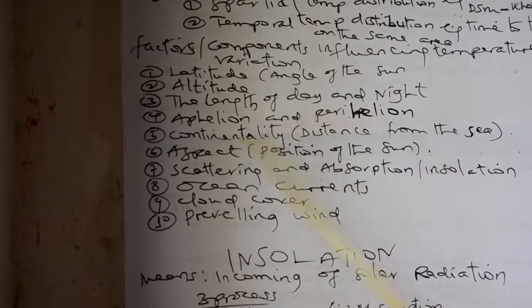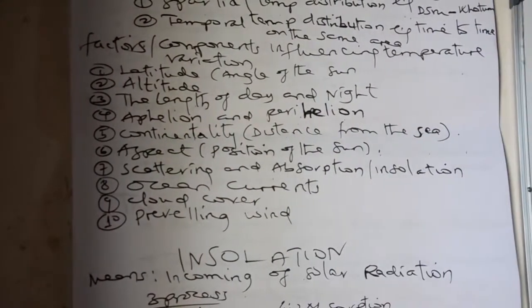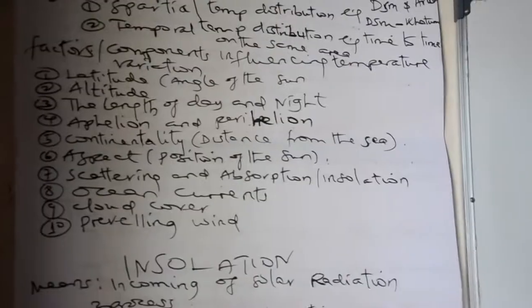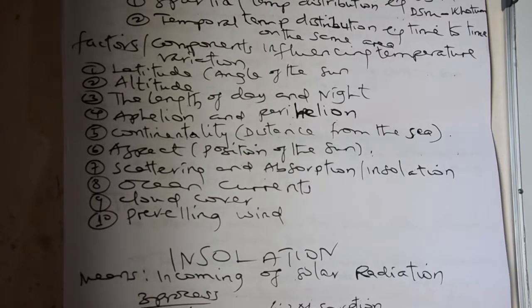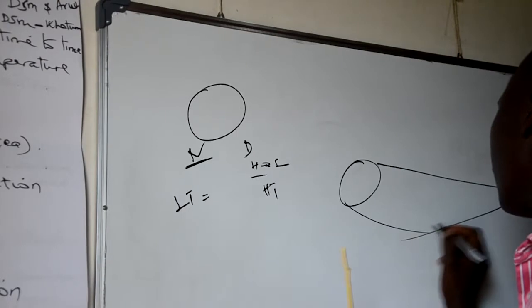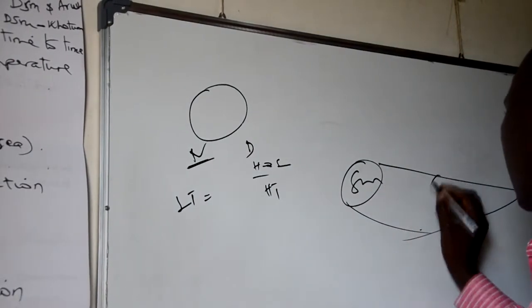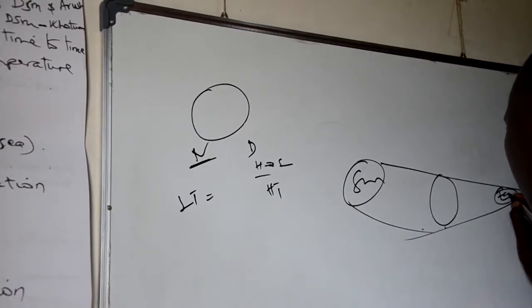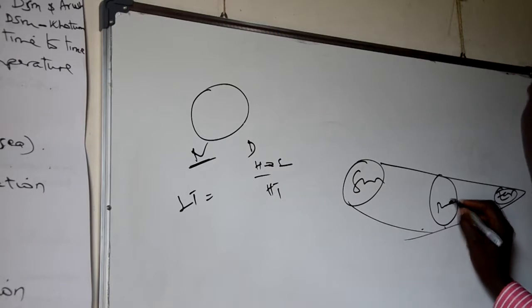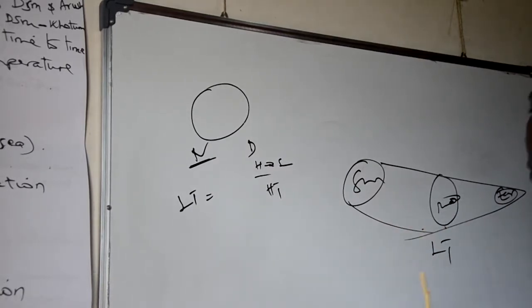Another factor that influences temperature is aphelion and perihelion. Aphelion is the distance of the earth from the sun. Whenever the earth is farthest from the sun, it will experience low temperature.